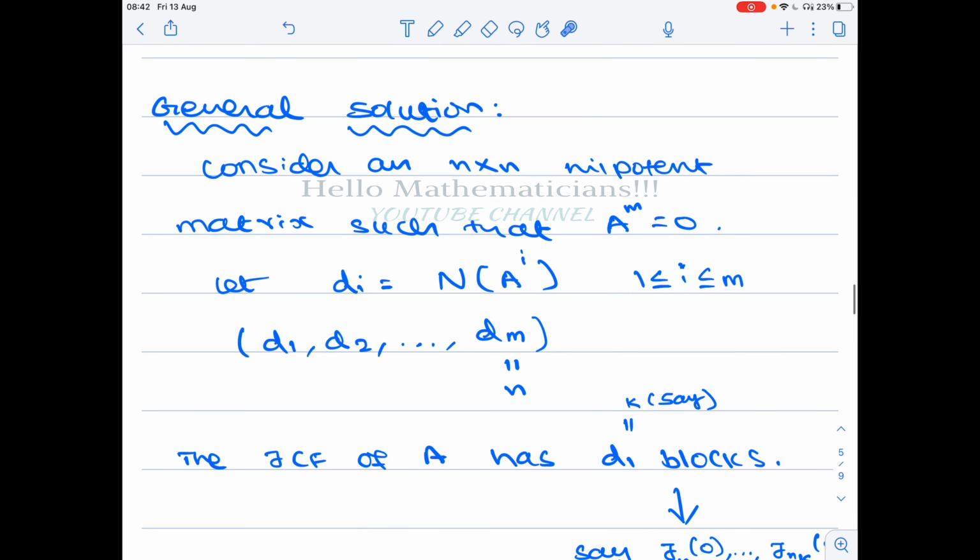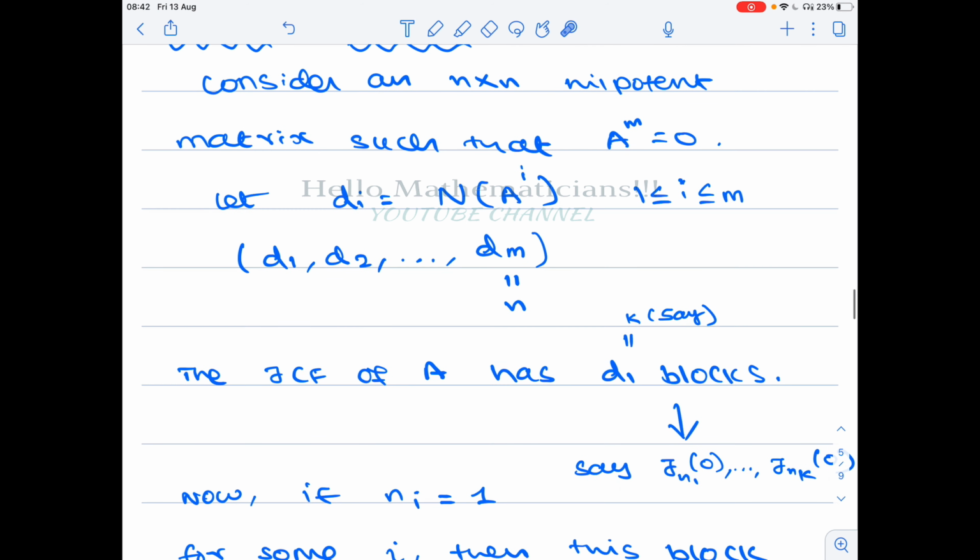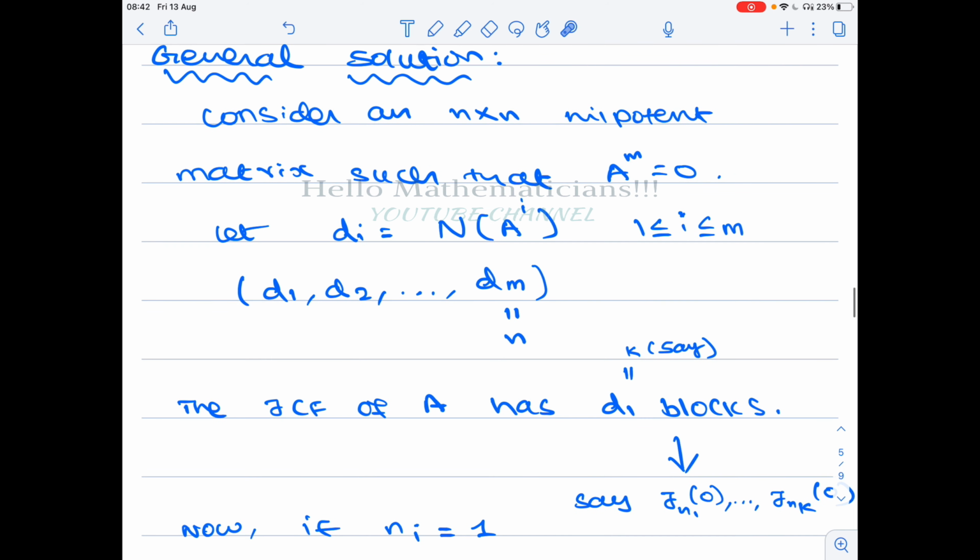So consider an n by n nilpotent matrix A such that A power m equals 0. I take d_i to be the nullity of the matrix A power i, and since A power m equals 0, I look at the nullity of A square up to A power m. Okay, since A power m equals 0, the nullity of A power m will be n.